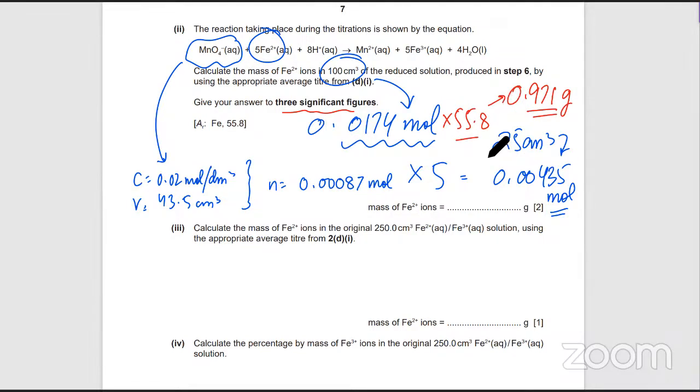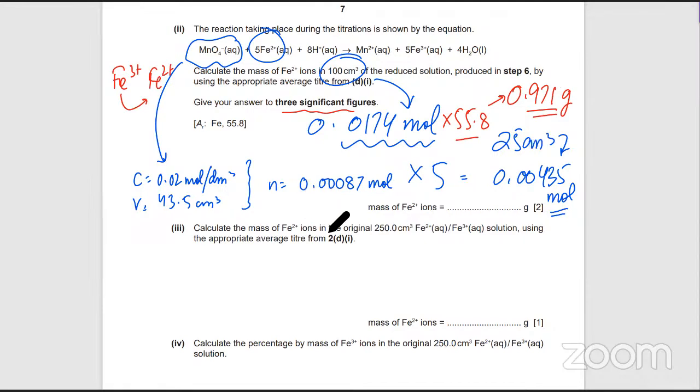Then he's saying calculate the mass of Fe2+ in the original sample using the appropriate average titer from part 2. In the reduced solution, even the Fe3+ got converted into Fe2+. So you had Fe3+ and Fe2+, but even the Fe3+ got converted into Fe2+.